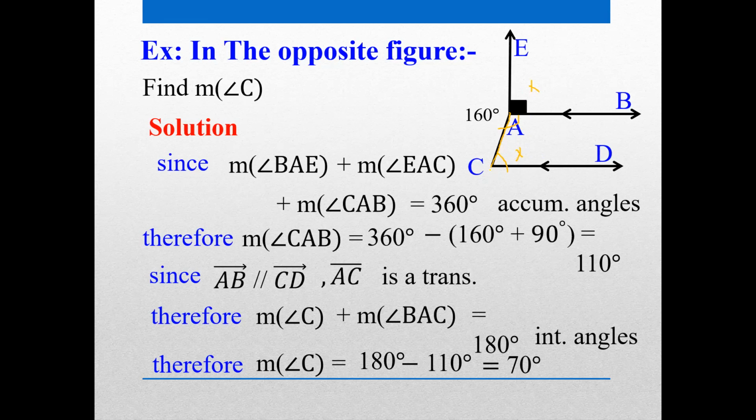Because this is a transversal, it's a ray. So CA will be completed like that. Not angle EAB, right? So we can't say that angle EAB and angle C are corresponding angles.